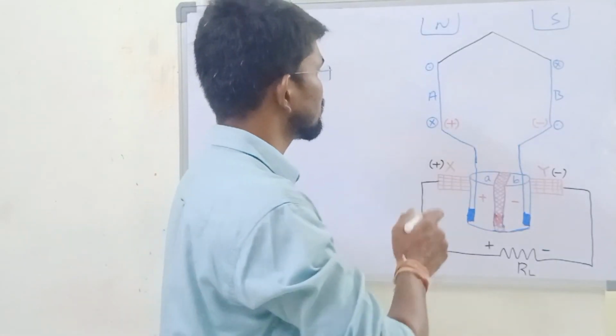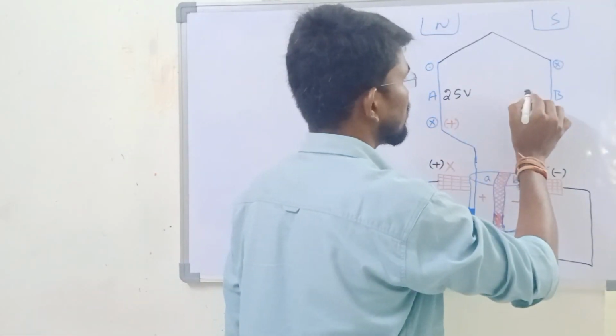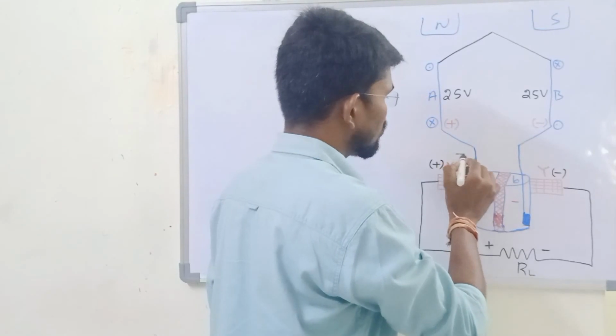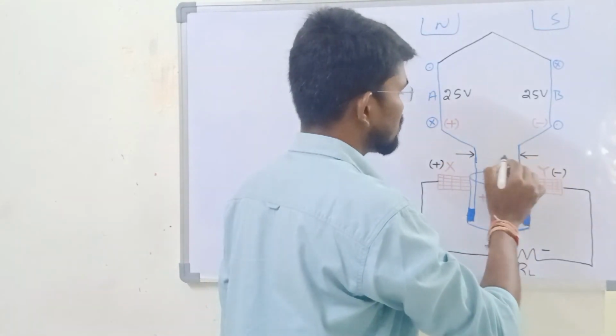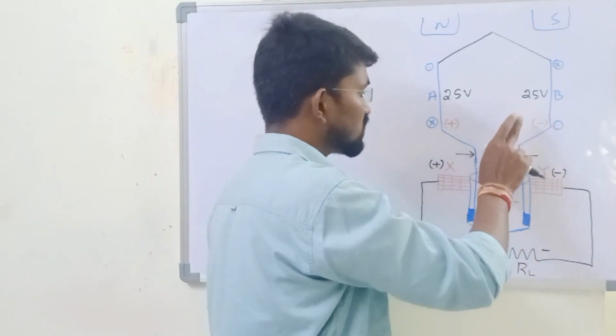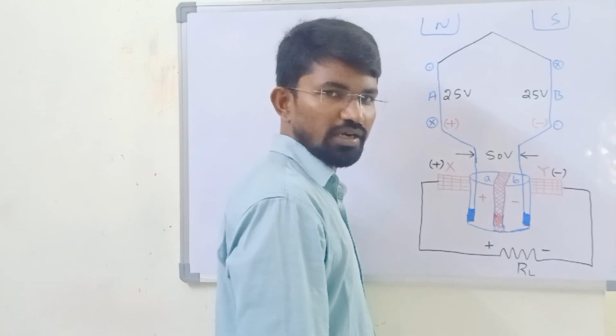Let us consider this conductor A induces a voltage of 25 volts, and conductor B induces a voltage of 25 volts. Then what is the total voltage across this coil? This is 50 volts. Why are these two voltages added here? Because the opposite polarities are connected with the help of back-end connections.